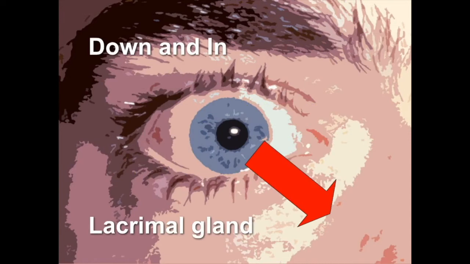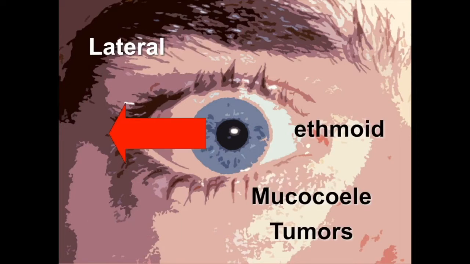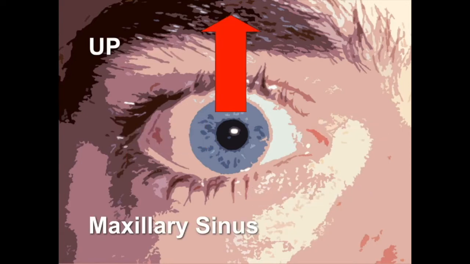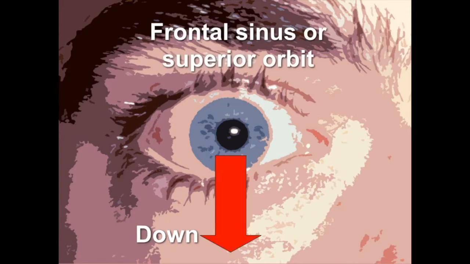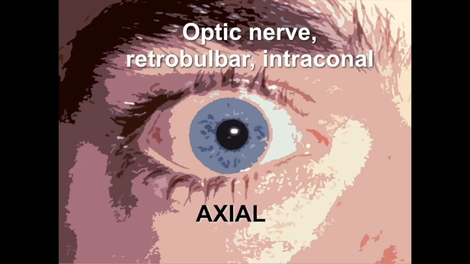For example, lacrimal gland lesions are present in the superior temporal orbit and they displace the eye down and inwardly. Ethmoid lesions like mucoceles and tumors displace the eye laterally. Maxillary sinus lesions displace the globe superiorly. Frontal sinus or superior orbital lesions displace the eye inferiorly. And optic nerve, retrobulbar, and interconal lesions produce axial proptosis.